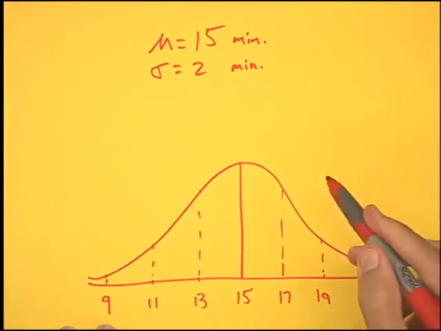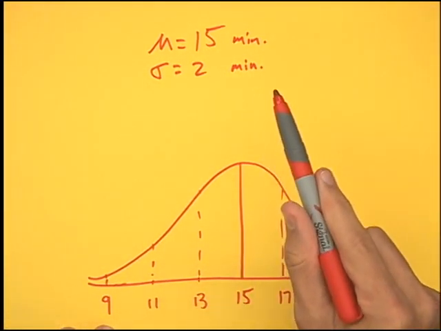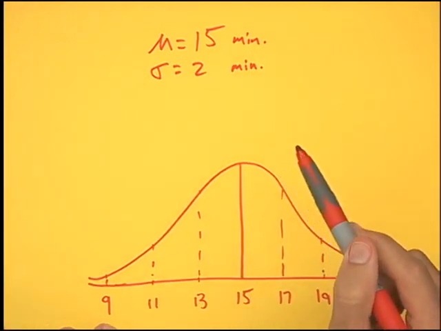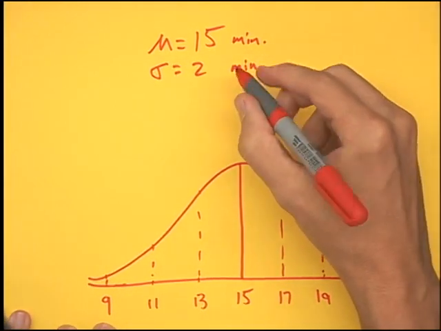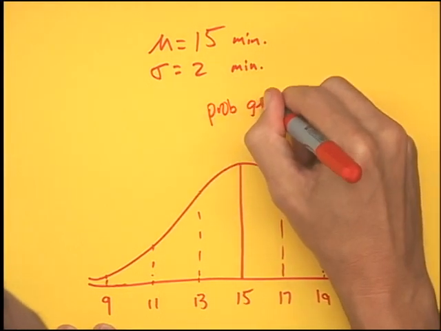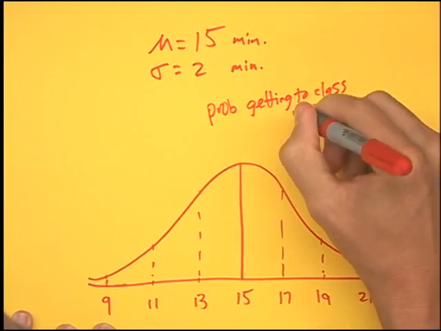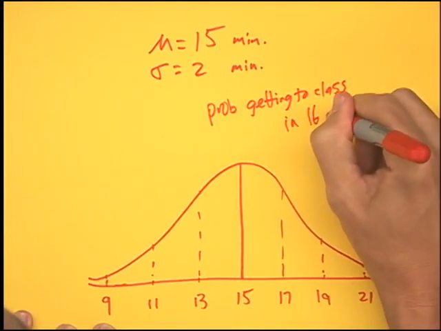So the first thing I know is that 99.7% of the time, your travel time to school is going to be somewhere between 9 minutes and 21 minutes. That's based on the information you gave me about the normal curve. I want to know what's the probability of getting to class in 16 minutes or less.